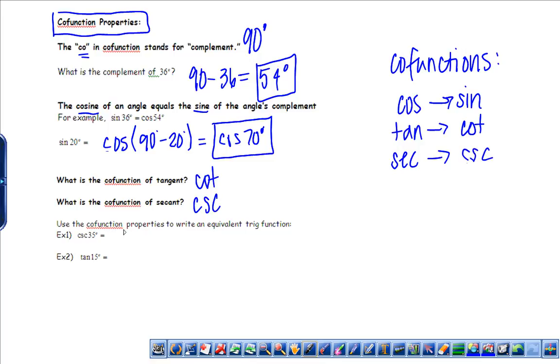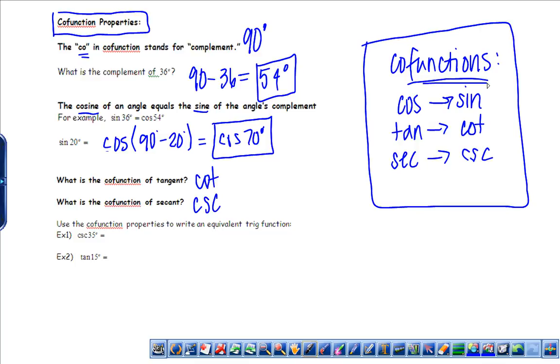So use cofunction properties to write the equivalent trig function. Okay, so we need to know the cofunctions here. And cofunctions just means you're working with 90 degrees. So the cofunction of cosecant, that means I immediately go to secant, and I'm going to do 90 minus 35, which gives me a secant of 55 degrees.